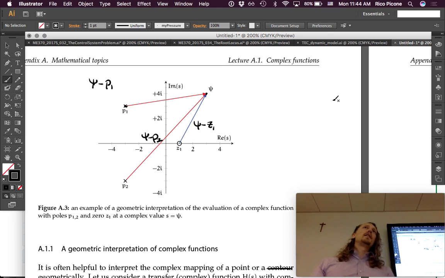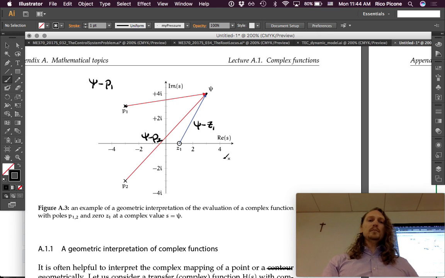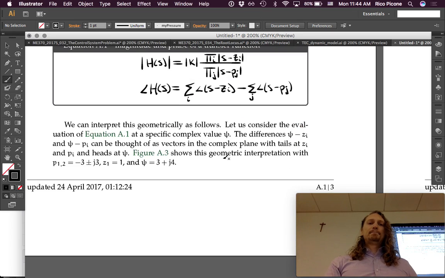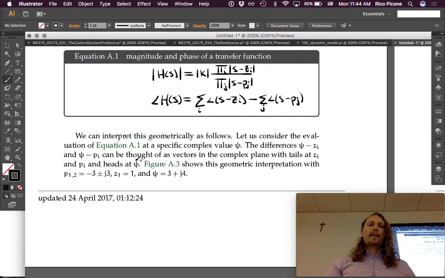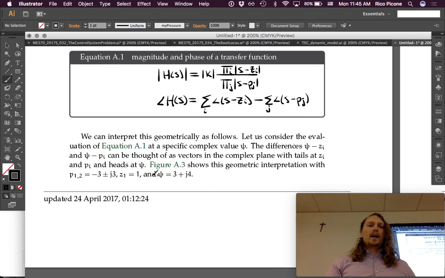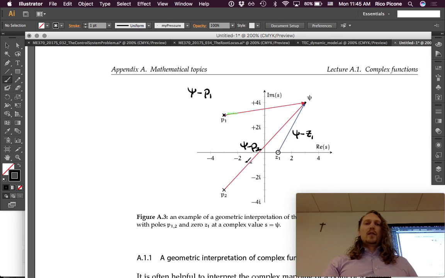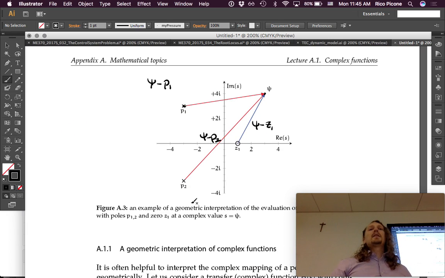We're thinking of these differences as being vectors, okay? I just said specifically what those numbers were. This interpretation we're going to use extensively in the coming chapter.